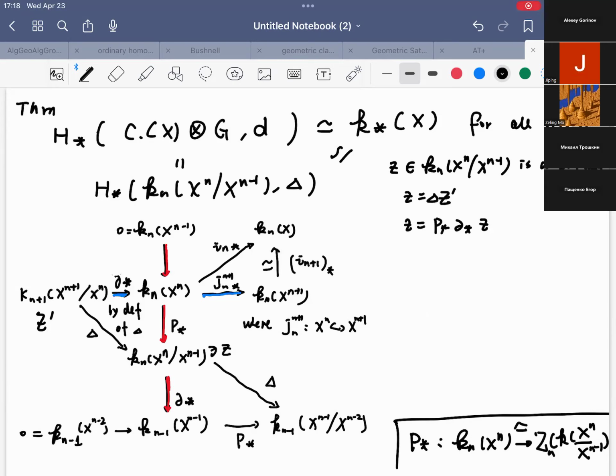This means then you use the long exact sequence, the blue one. You will get Z in the kernel of p star, of G n plus 1 star.